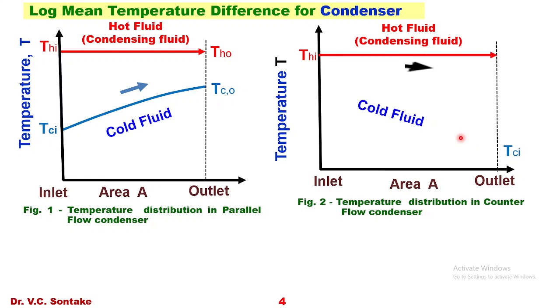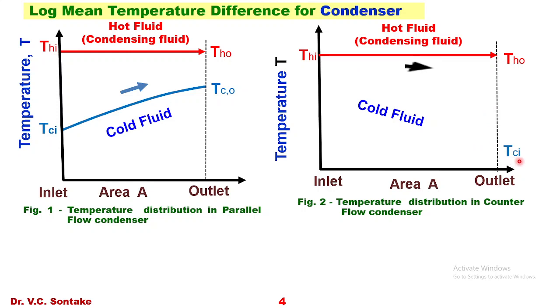During passing through the heat exchanger, heat exchange takes place between hot fluid and cold fluid. By virtue of this heat exchange, hot fluid undergoes condensation process at constant temperature. So temperature of the hot fluid remain constant, that is Thi is equal to Tho.